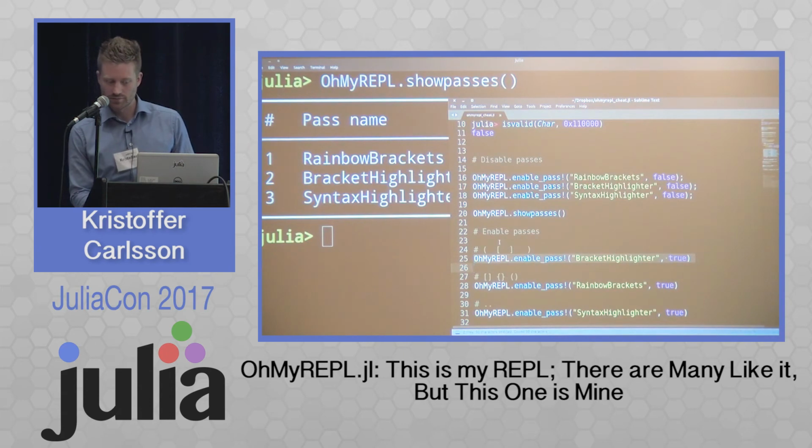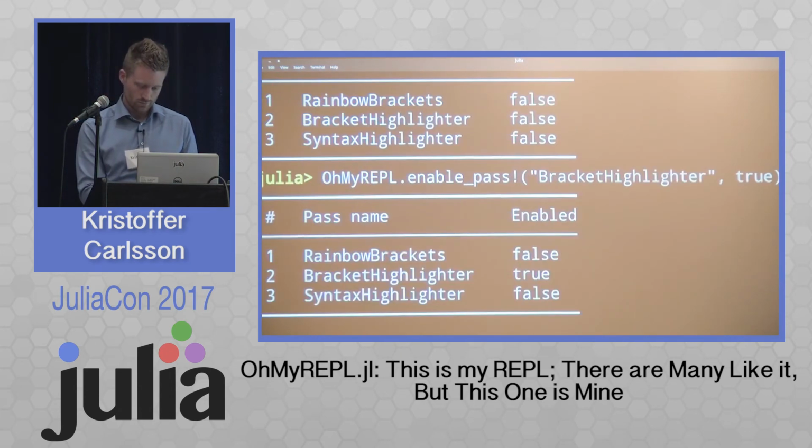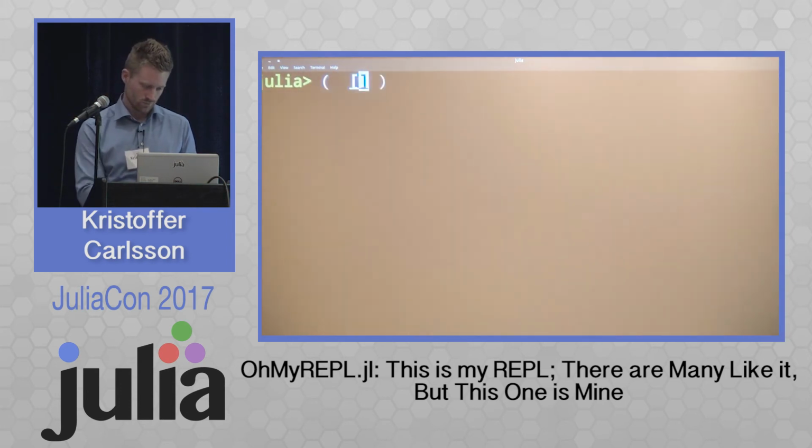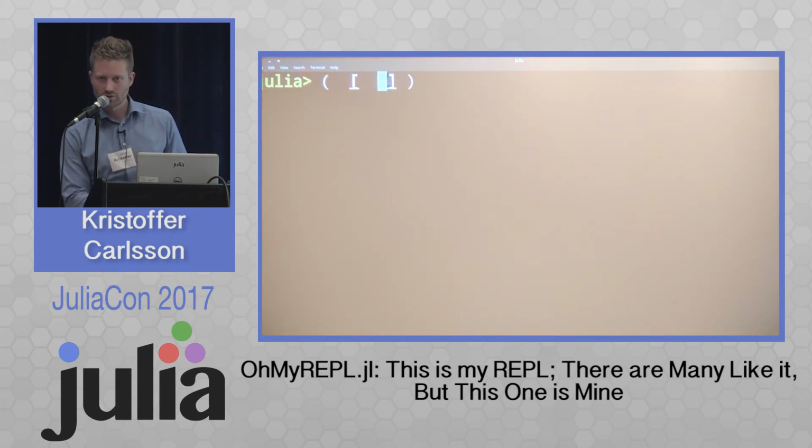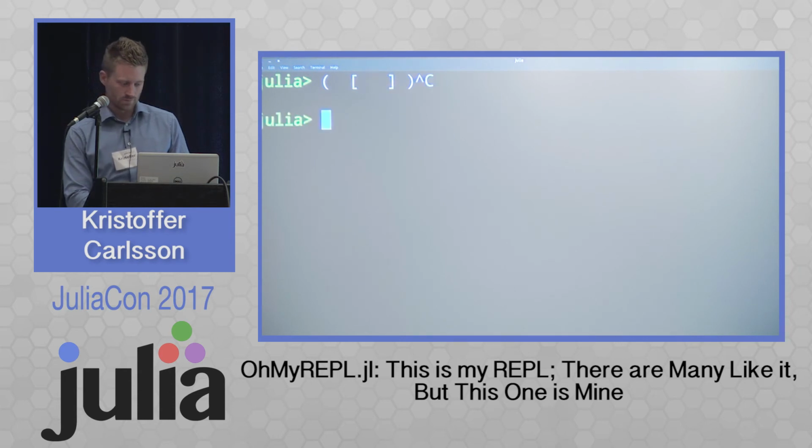So let's enable one of them. Now I enable the bracket highlighter pass. You can see now that when I move my cursor, different brackets get highlighted, and there are ones where the cursor is inside. I kind of like this because sometimes it's hard to find the matching bracket of where you are.